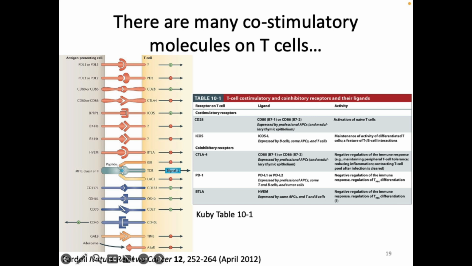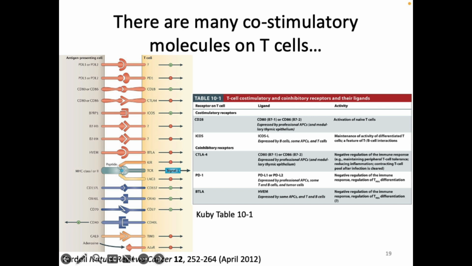The yellowy cell is the T cell, the brownish cell is the antigen presenting cell, and you can see there are all sorts of different protein-protein interactions that could be there. Usually all of these are not happening at the same time. It's more like these are choices. Some cells will have one kind, some cells will have another kind. But this is just showing you all the different options.